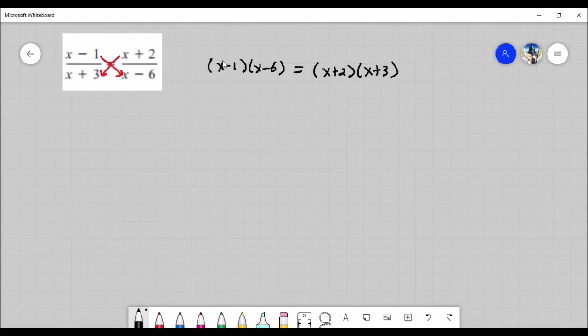So starting with the left side, the x minus 1 multiplied by the x minus 6. Well, let's do it in a different color.